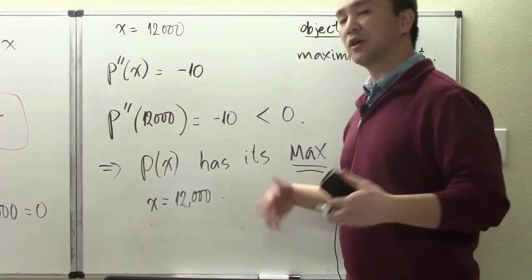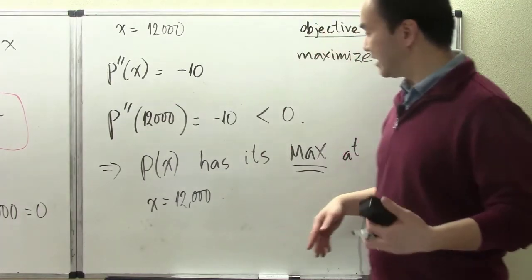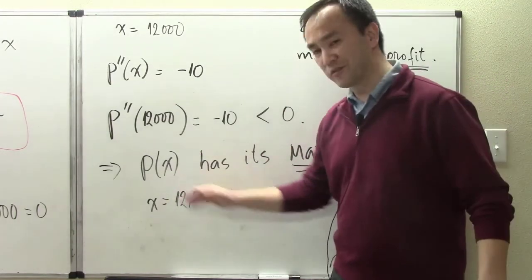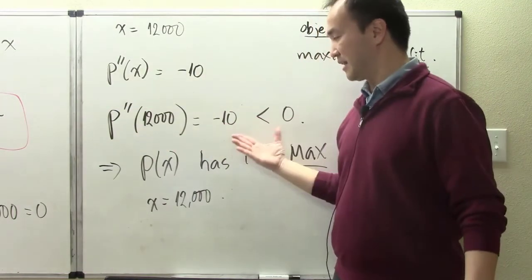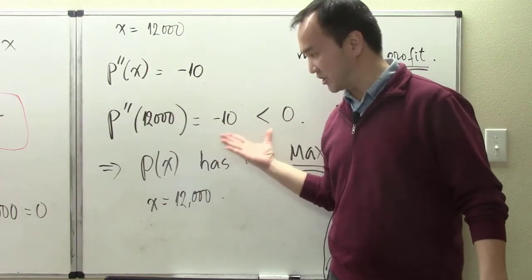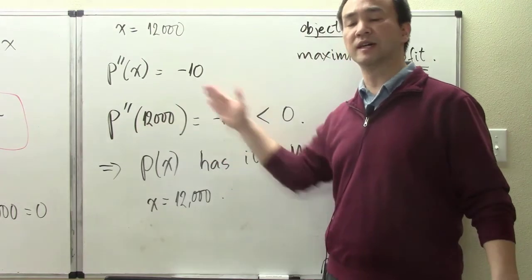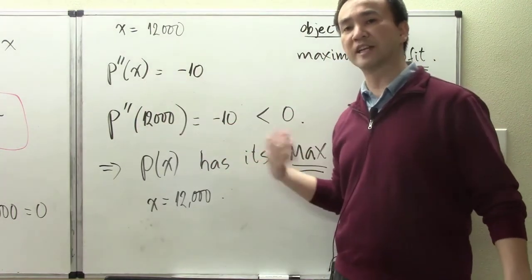And so back to what I was saying earlier, anyone who is unfamiliar with this, I have earlier video lectures showing how to use the second derivative as the so-called second derivative test.